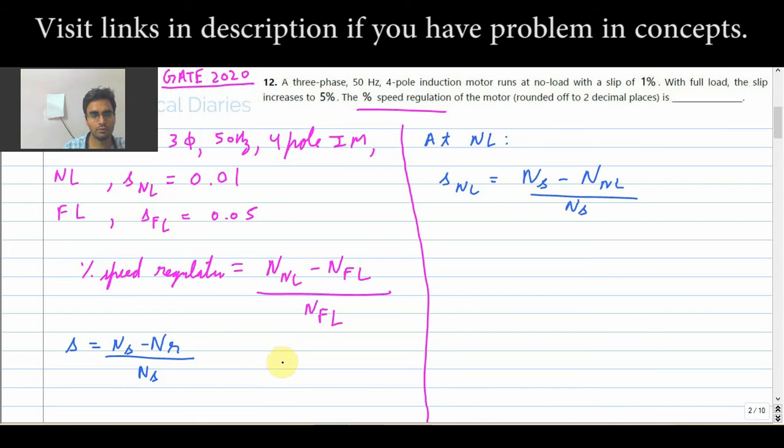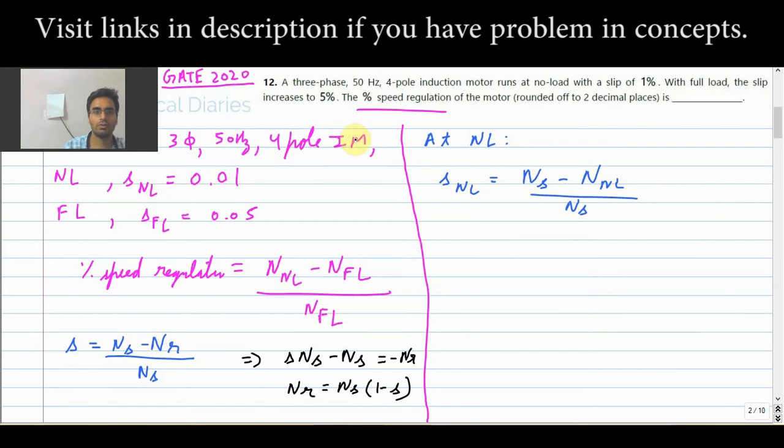So if you calculate from this equation, s ns minus ns is equal to minus nr. So nr will be equal to ns (1 minus s). So this is the formula we will use here.